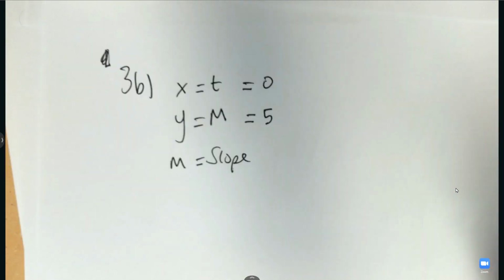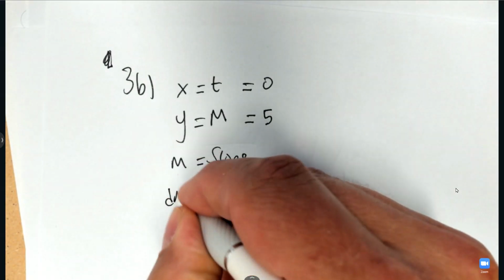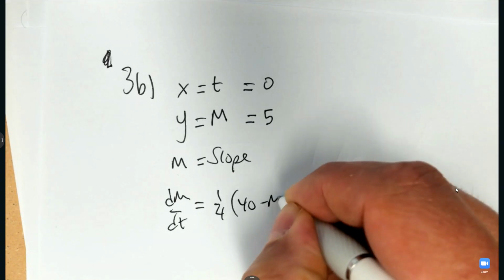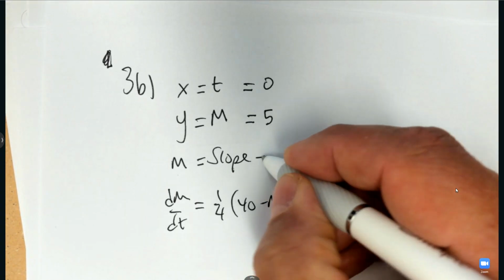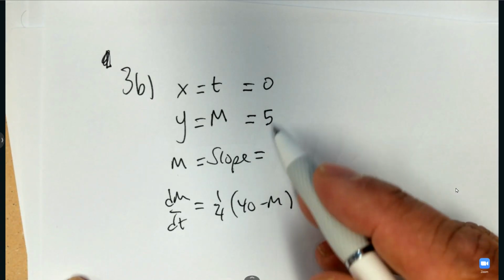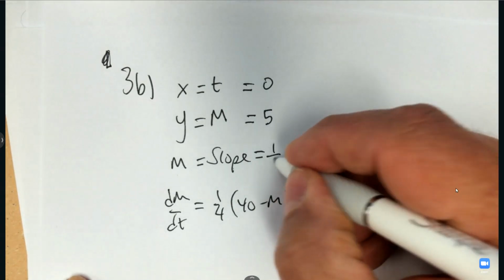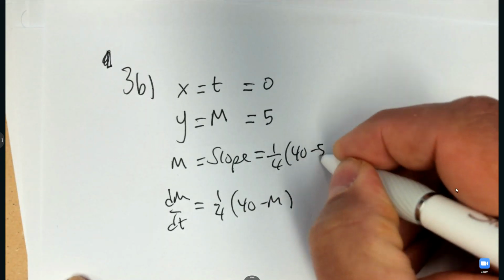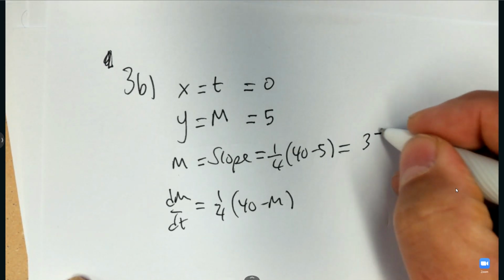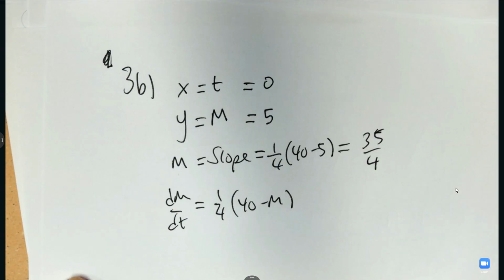And we need to find the slope using the derivative. So it's given that the derivative is 1/4 (40 minus m). In this case, to find the slope, the letter we actually need is not t, but m. So I'm going to plug in 5 for m and solve it. So we have 1/4 times (40 take away 5), which is 35 divided by 4. I'm just going to leave it like that.